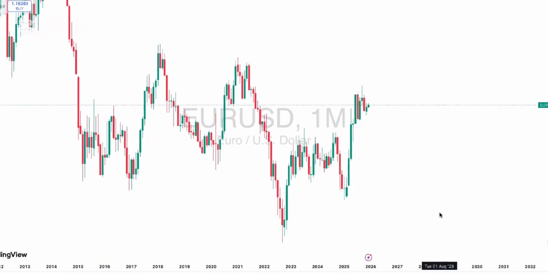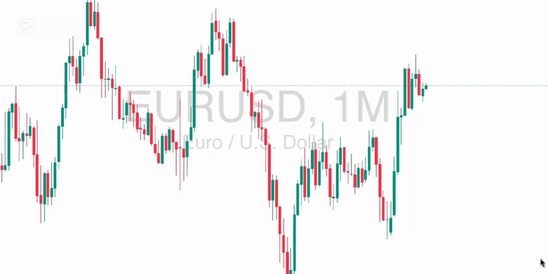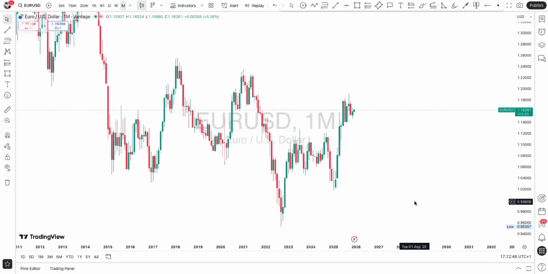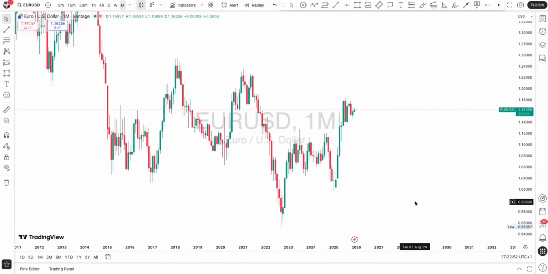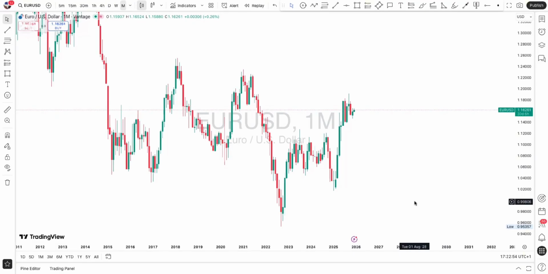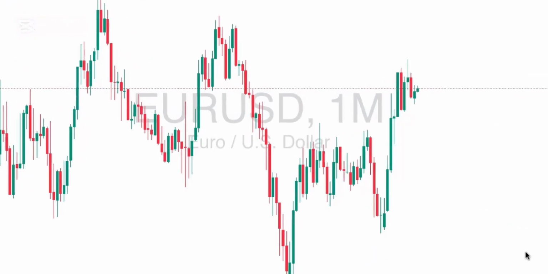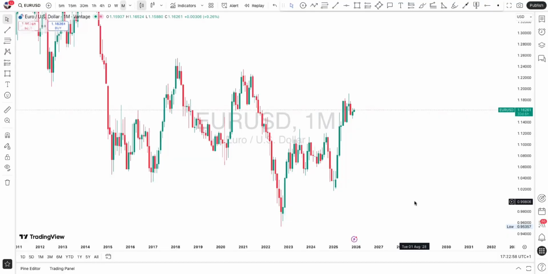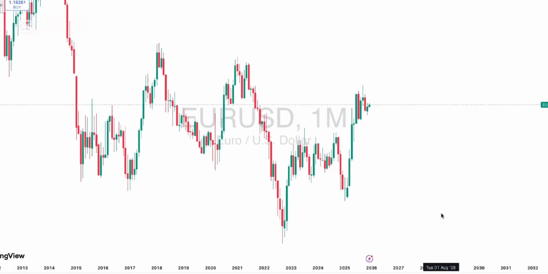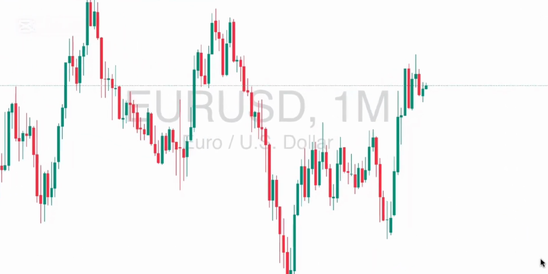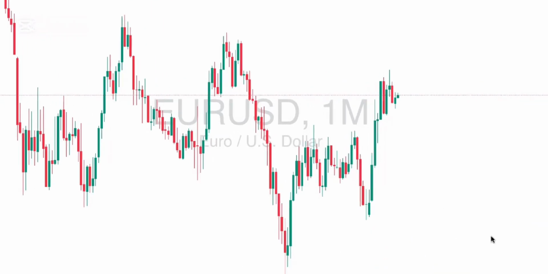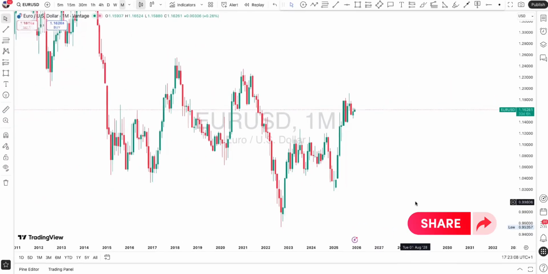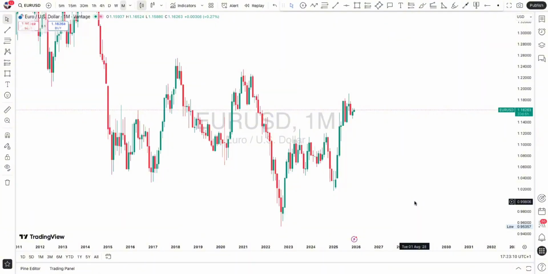If I tell you this is the overall direction of the market, all you need to do is go to your strategy and look for a possible bias in that direction. That simply means if I say the market is going to go bearish, for example, all you just need to do is go to your own strategy and look for a bearish opportunity and take advantage of the market. It's as simple as that.